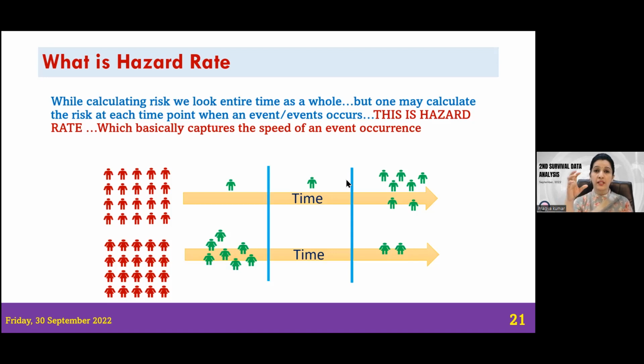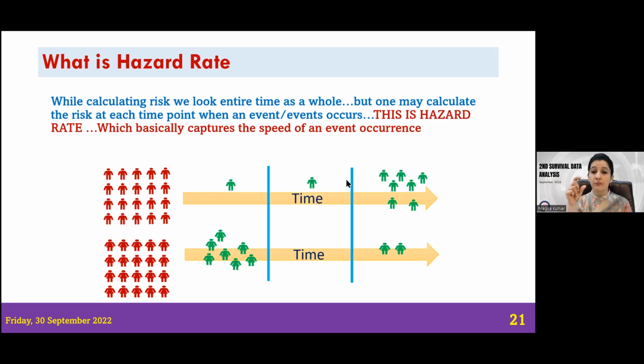But remember, it is some d by dt, we bring calculus into this, and we take some exponents of this survival probability, and that's how it is calculated. So this hazard rate, unlike the odds ratio, cannot be calculated manually. And in this case, the event is instantaneous.